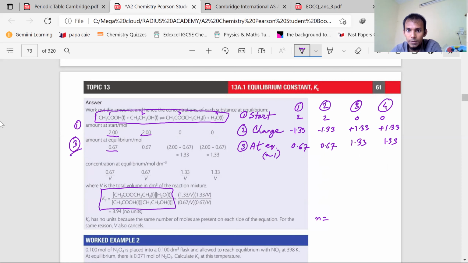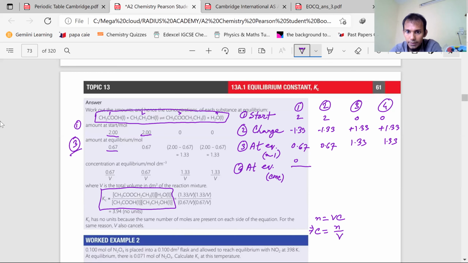So at equilibrium, since all of them are liquid, number of mole is equal to volume into concentration. So concentration is nothing but N by V, right? N is given at equilibrium, V we need to find. So at equilibrium, what is the concentration?